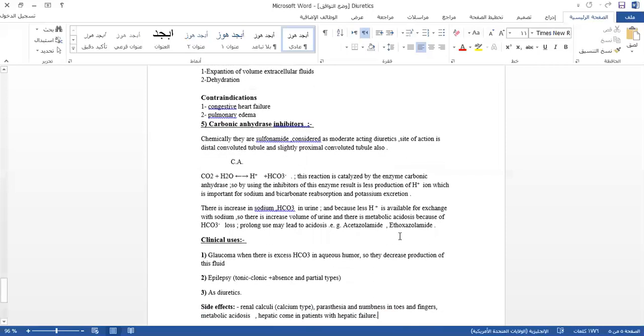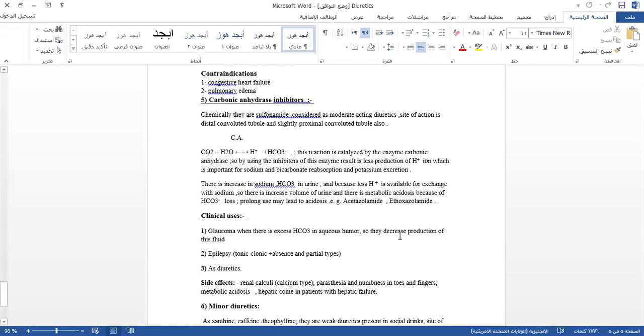Number 2, in glaucoma, when there is excess bicarbonate in the aqueous humor. By decreasing production of bicarbonate, it decreases production of aqueous humor, and this leads to decreased intraocular pressure, so it is useful for treatment of glaucoma.